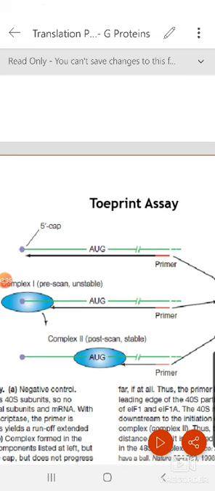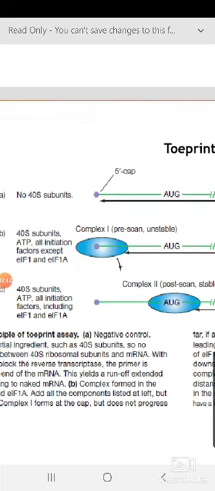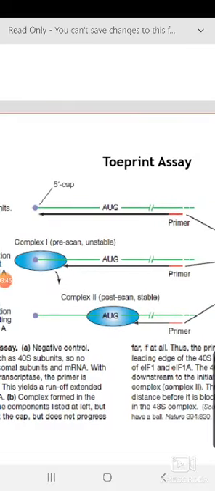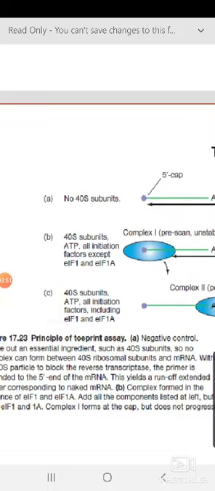Let's assume this is a 3 tube experiment. In the next tube, they have the same template, the mRNA, the primer, and reverse transcriptase with all the NTPs, but they have incubated it with the 40S subunit of ribosome, ATP, and all initiation factors except EIF1 and EIF1A.